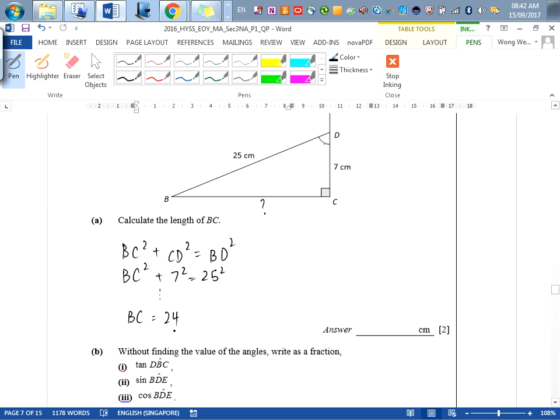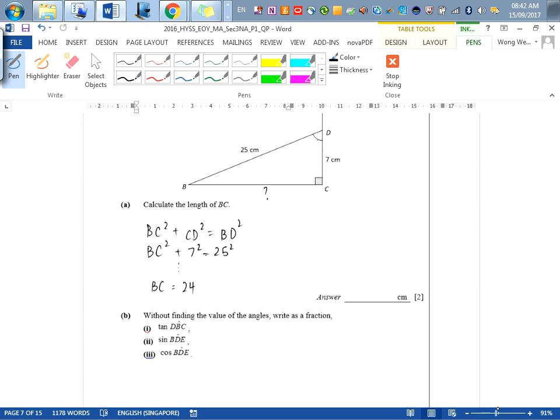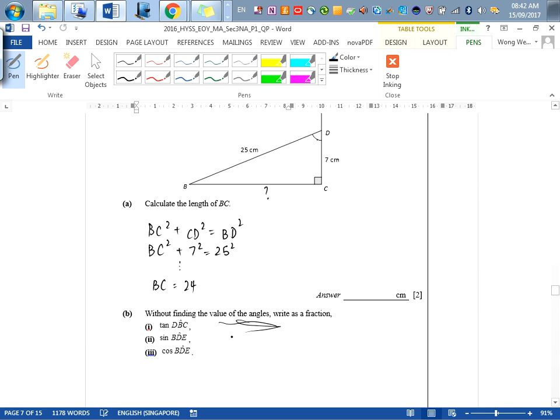Sophia, your answer was very close, right? 24.000 something. After you rounded off. 23.99. See? Almost there. But because you had some rounding off in the middle, you didn't get an exact value. Okay, in this case, we could have just used Pythagoras theorem. Sophia already found the angles.